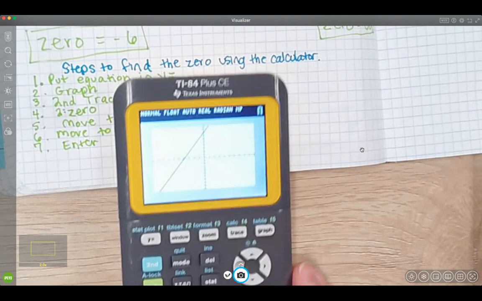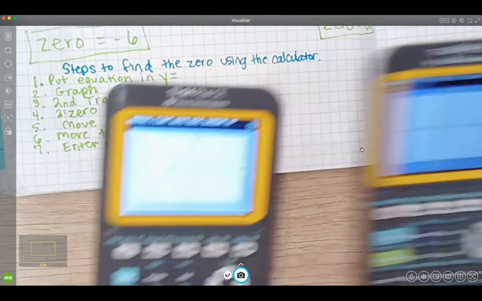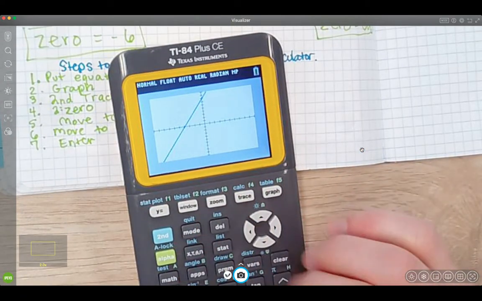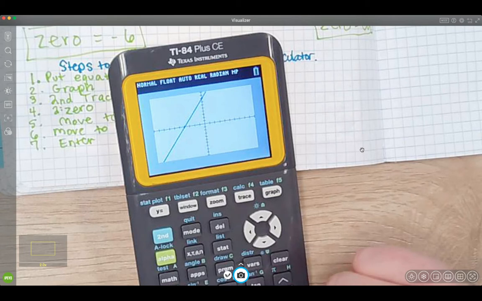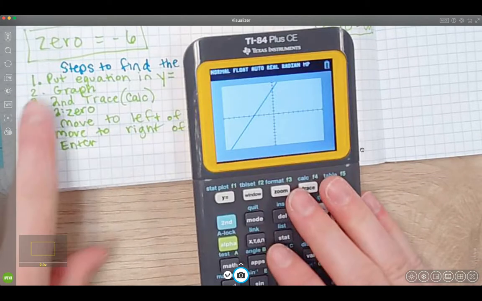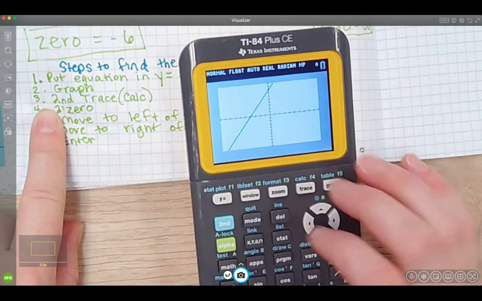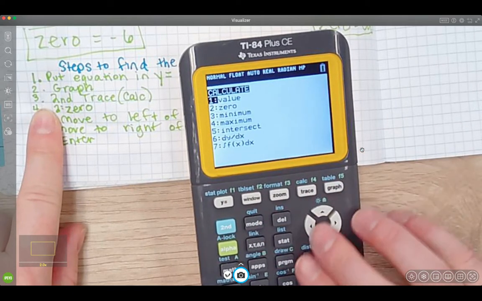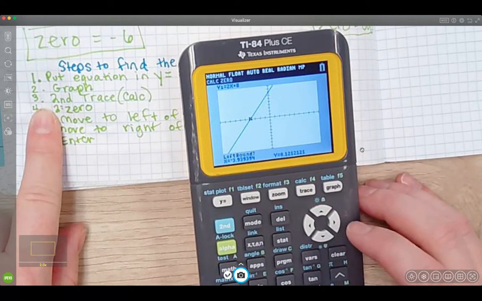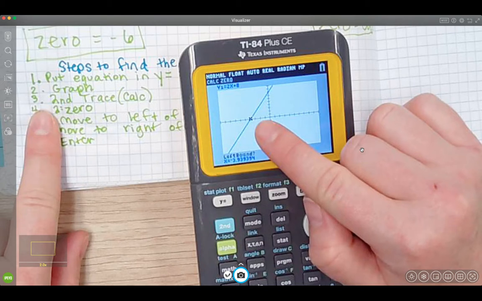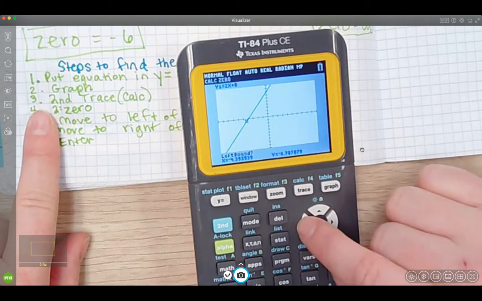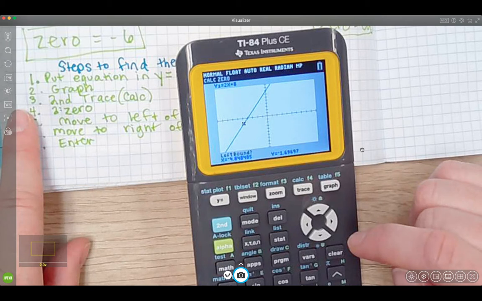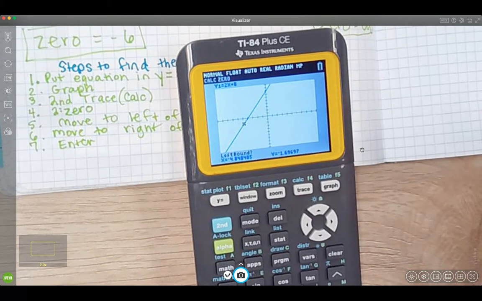Okay, so remember, I'm going to show the steps again here. Angel, follow my steps. So we're going to go to second trace. Go down to 0. Okay, so left bound, I need to arrow over here. Look at mine. Did you arrow over? Arrow over left.